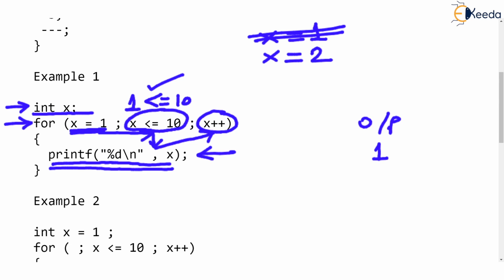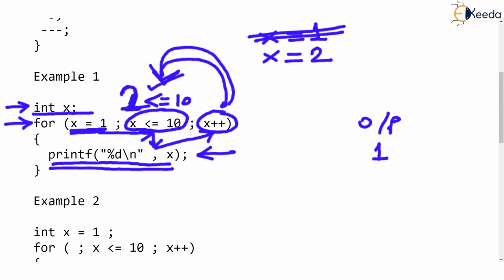After the increment, the for loop will recheck the condition. Remember, only if the condition is true will the loop execute the statement. The condition is x less than or equal to 10, but the value of x this time is 2, and 2 is indeed less than or equal to 10.